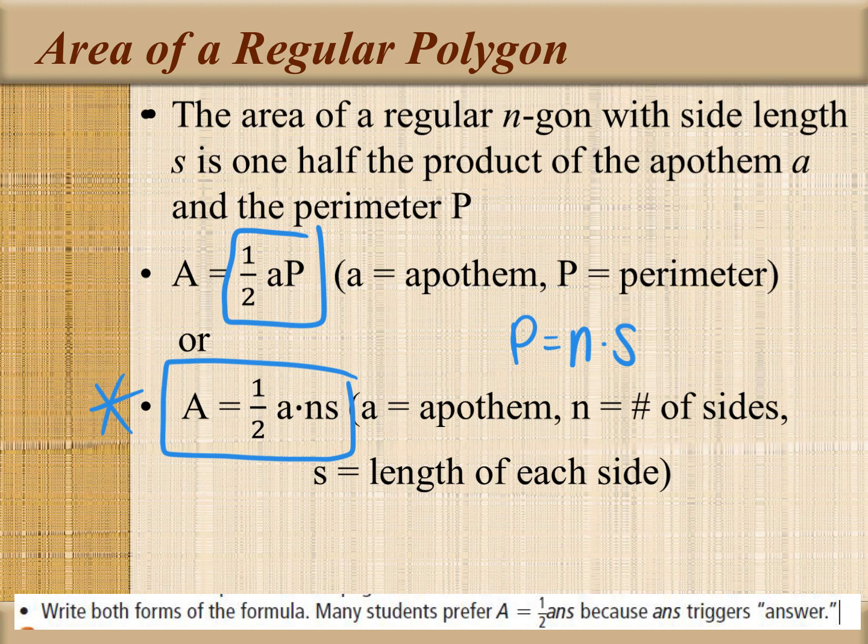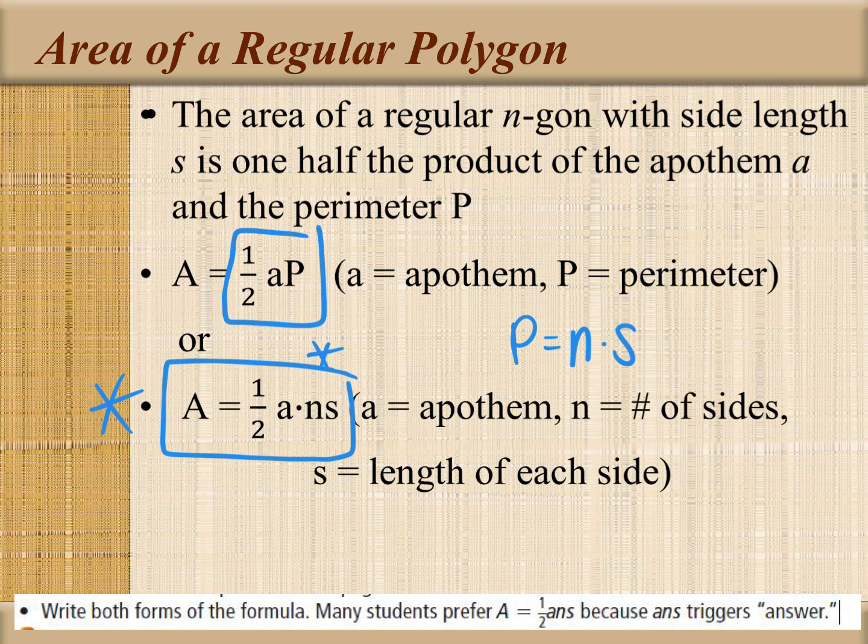Now, the reason I like this one more is there's an easy way to remember it too. Because the letters A and S, on your calculator, what does A and S stand for? Answer, right? So just think about it's 1/2 answer, okay? And you'll remember the formula of A and S. And that's for the area of a polygon, okay?